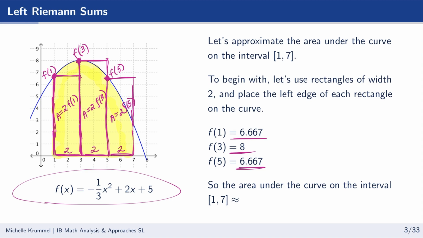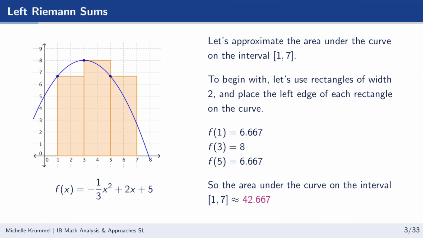So I've already done that for us, f of 1, f of 3, f of 5. And so now we can approximate the area as 2 times f of 1 plus 2 times f of 3 plus 2 times f of 5. And that turns out to be 42.667. So it's not the exact area, but it gives us a rough estimate of the area.